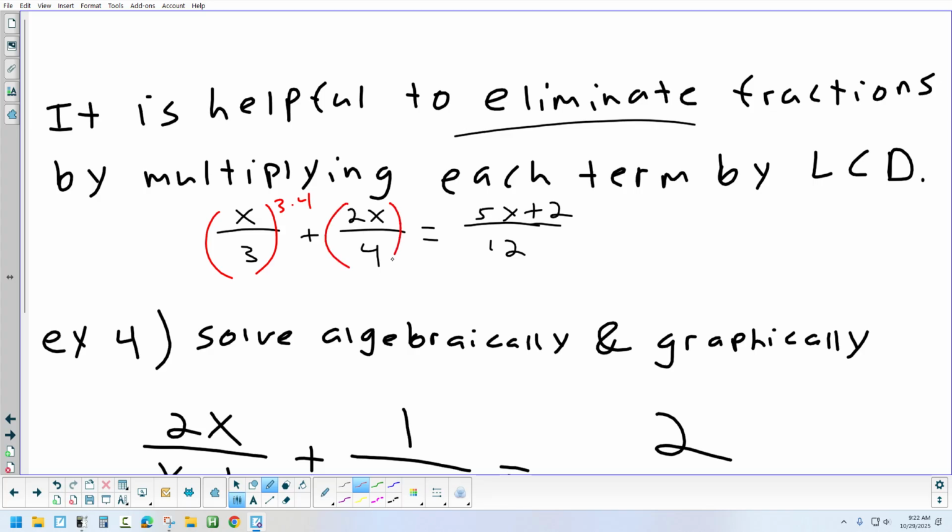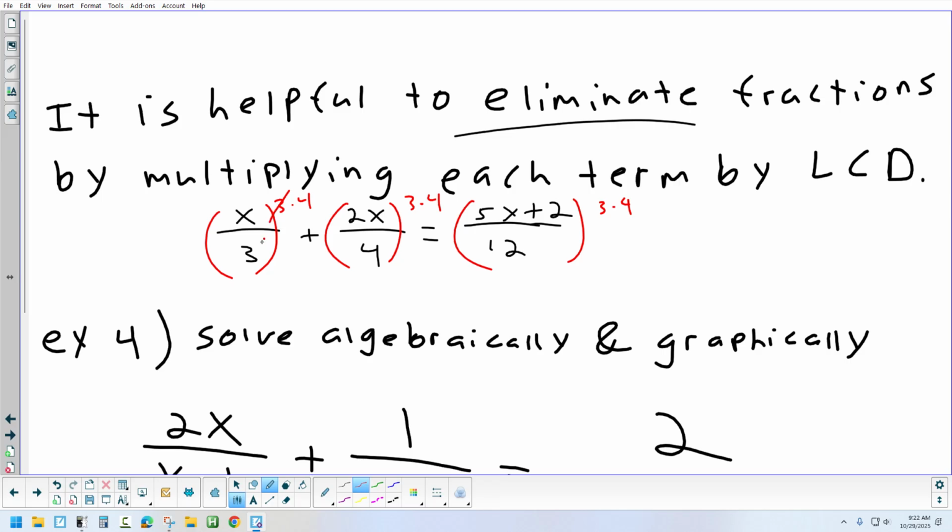So I want to multiply everything by 12, think of it as 3 times 4. So 3 times 4, 3 times 4, 3 times 4. What's going to cancel out in the first fraction when I do that? Travis? Denominator of 3. Yeah, the 3, and that's going to cancel with the 3 that I'm multiplying by.